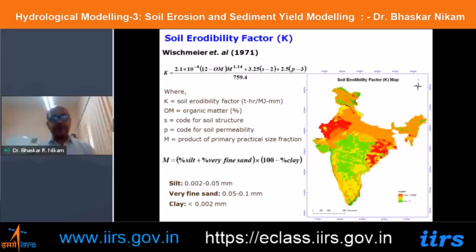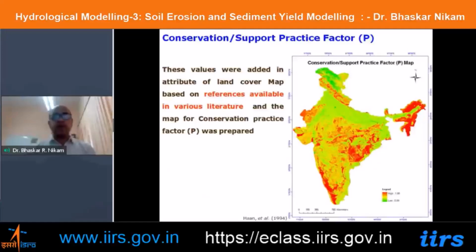Now, the conservation practice or conservation support practice factor. Generally this information is taken from the field, but for a larger area it is very difficult to get this information from the field. So what we do is we link these values to what kind of land use land cover we have. For example, agriculture in India: every agriculture field will be demarcated by a bund. Those bunds serve multiple purposes.